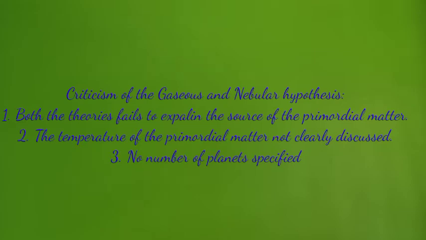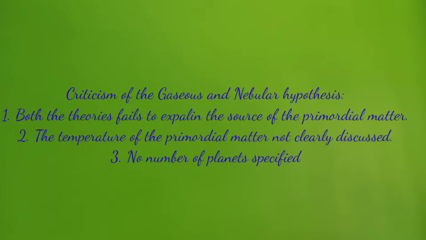On top of that, the planets that were formed out of the nebula or the gaseous mass of the primordial matter were not discussed in specific numbers. So as to say, in today's time we have 8 planets, but these two hypotheses do not clarify the number of planets that were formed.